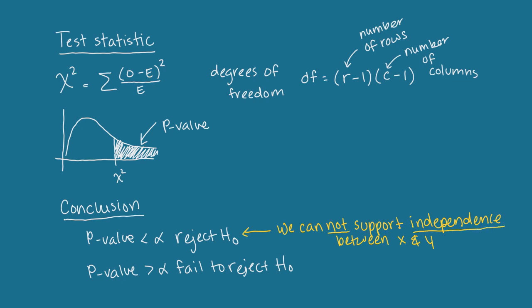But by failing to reject the null hypothesis, it means that independence is possible. So a vote to fail to reject the null hypothesis means that you can support independence.